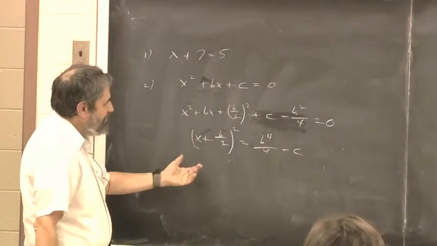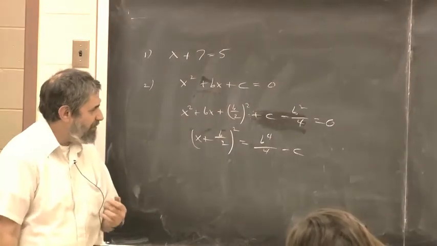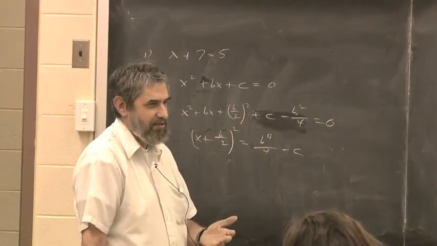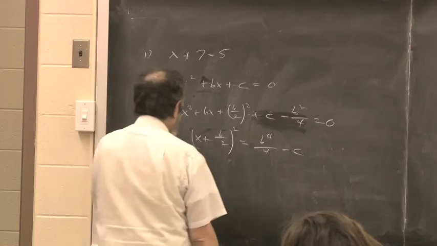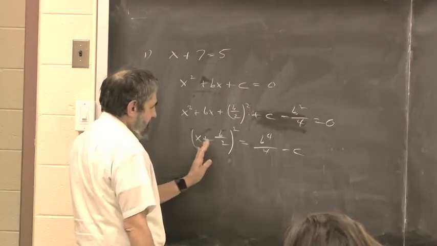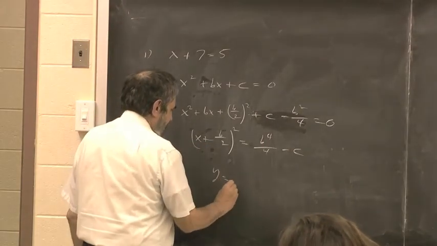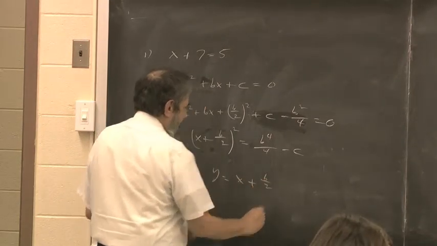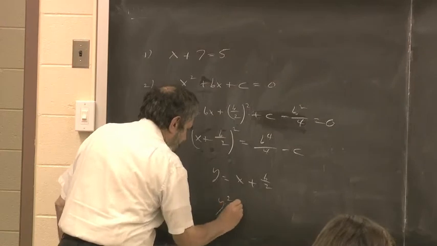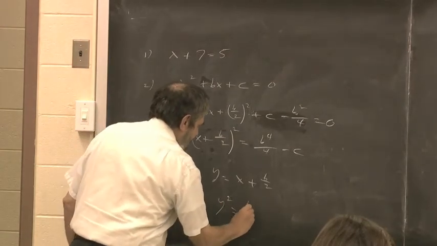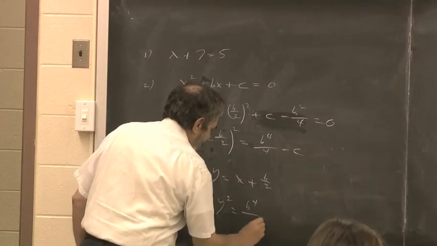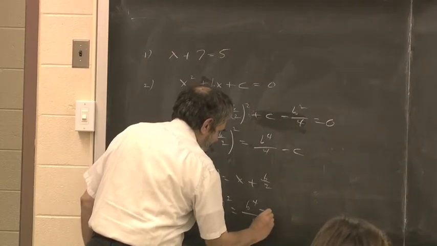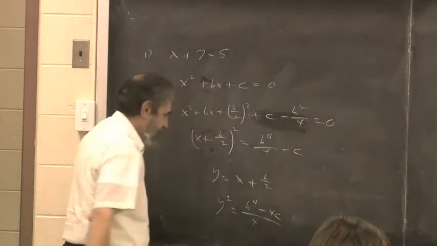And then doing a transformation is also like applying a function, or changing variables. So what we are doing here is making a change of variables, letting y equals x plus b over 2, and then we get the equation y squared equals b squared over 4 minus c, if you want to write it that way.